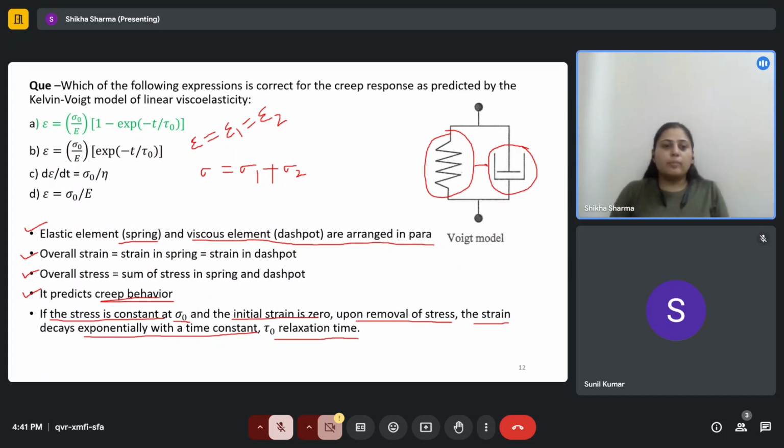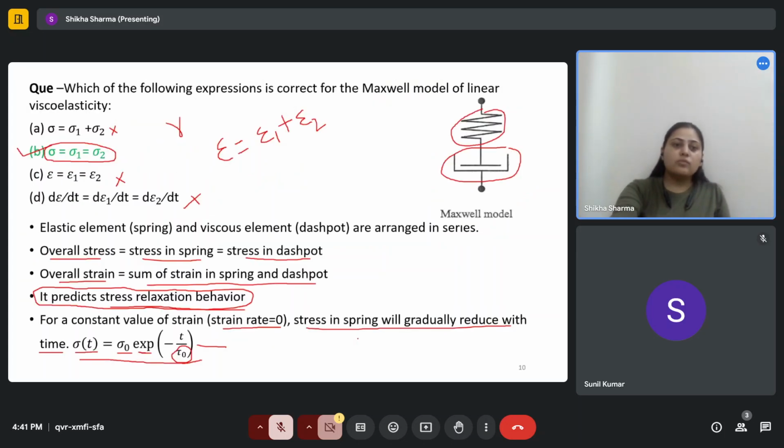Whereas in the Maxwell model, the strain value is constant, and the stress is exponentially decaying with time by this relation, right?